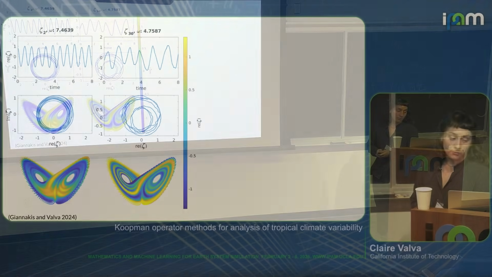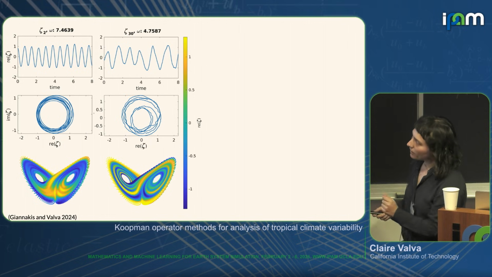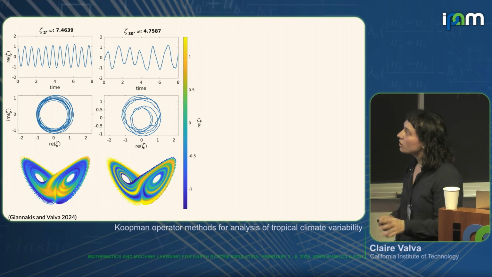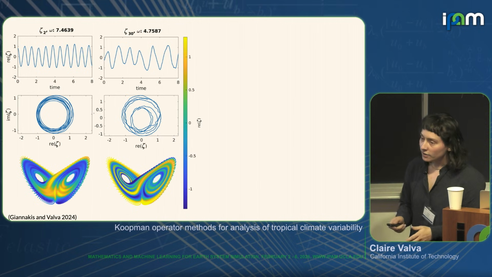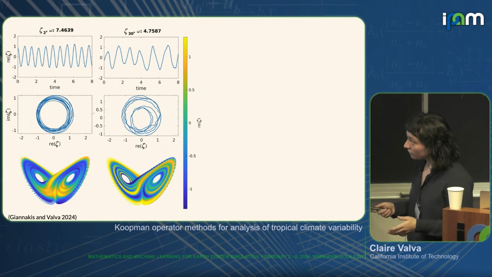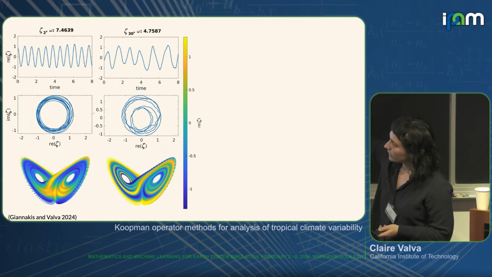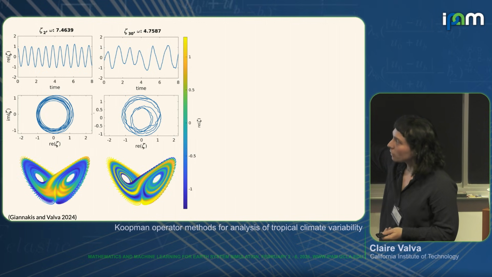And I'm showing two eigenfunction eigenvalue pairs that come from this. On the left has a frequency of about 7.5. On the right, it has a frequency of about 4.8. And you'll see that even though we know that there are going to be no true Koopman eigenfunctions, we get something that looks fairly good, like what we would expect it to.